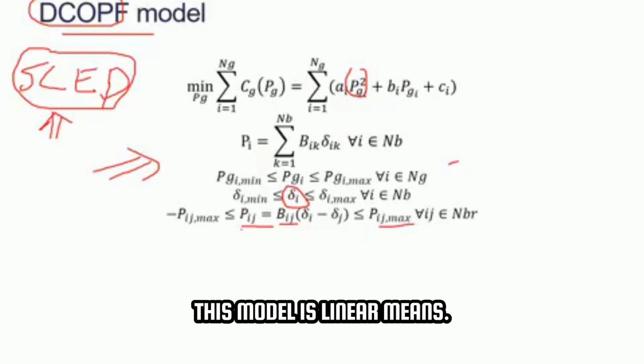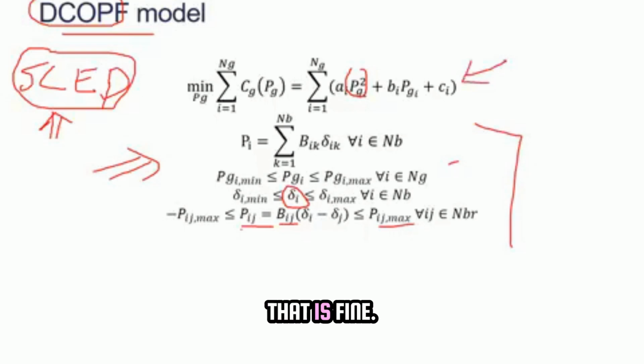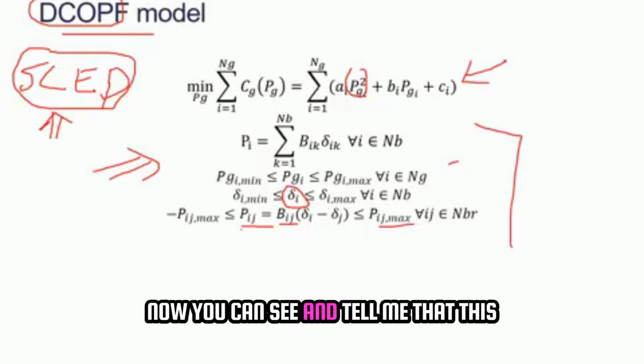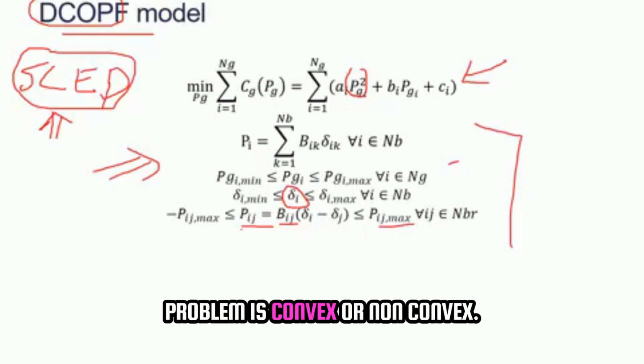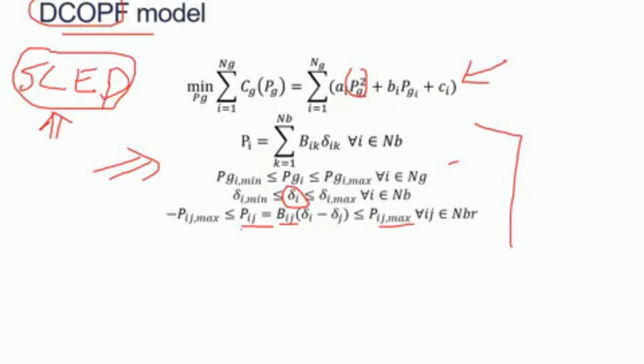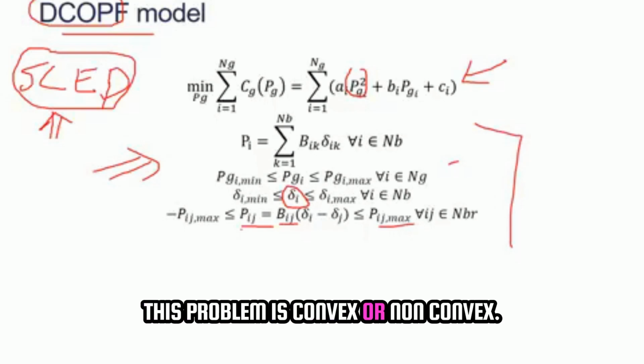So now you got the idea why this model is called SCED, and now you can see that this model is linear. Yeah, the constraints are linear, although the objective is quadratic, that is fine. Now you can see and tell me whether this problem is convex or non-convex.